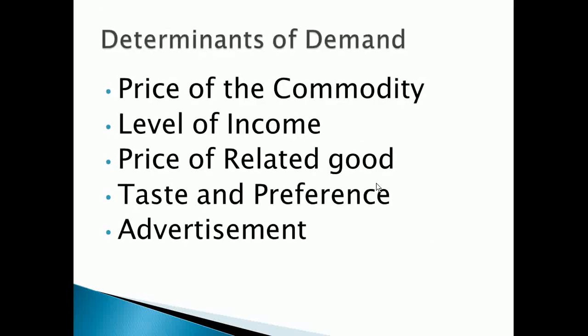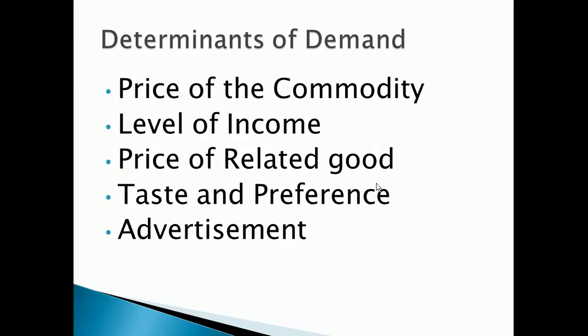But when a crate of eggs is 35 pula or 30 pula, an individual may decide to buy 6, 5, or 4. In other words, an individual can increase the quantity he or she is purchasing. So the price of the commodity is a great determinant of what somebody will purchase in an economy.